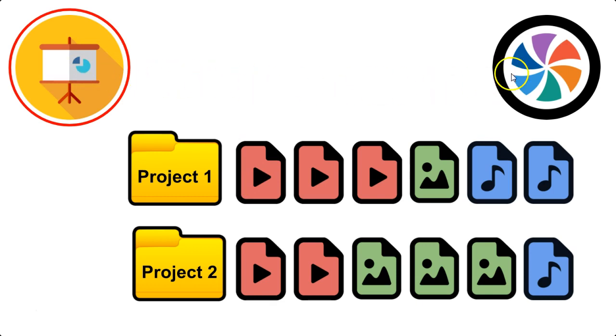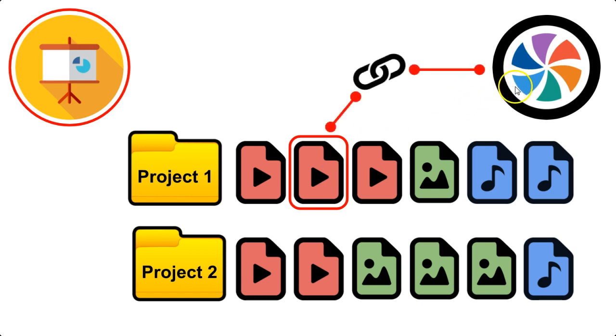What's different about doing a video presentation is that if I wanted to use this video as part of my video project in Movavi, it won't make a copy of it. Instead, what the program does is it actually links to your video project.